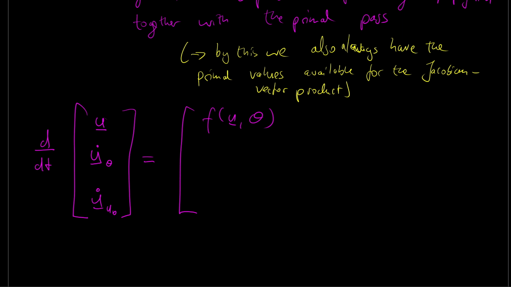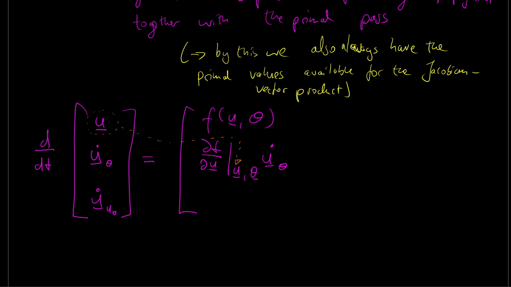And then we also have the dynamics for the tangent contribution from theta, which will be the Jacobian of f with respect to u, evaluated at u and theta, multiplied with u theta dot. So I made this more clear here by using this vertical bar to indicate evaluation at. And this means we will use the u from the primal pass. So this will essentially be this u.